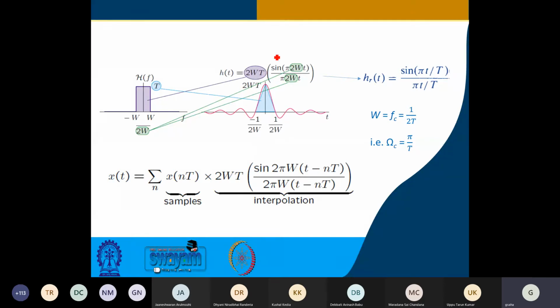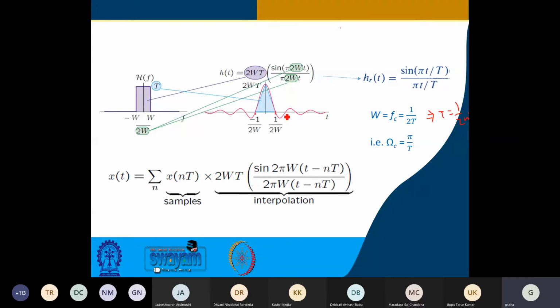In that case you will have the representation over here. This is what you see. This corresponds to 1/2W, which corresponds to your capital T. So if you look at it here, capital T is 1/2W.